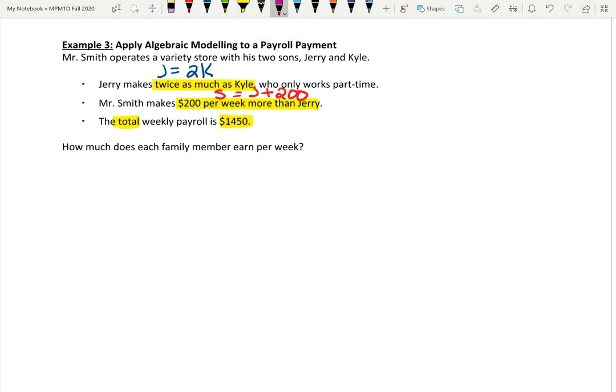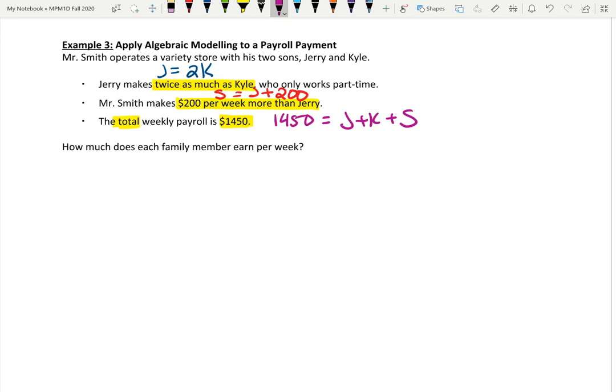We know the total is $1,450. Between Jerry, Kyle, and Mr. Smith, they make $1,450 in the week.